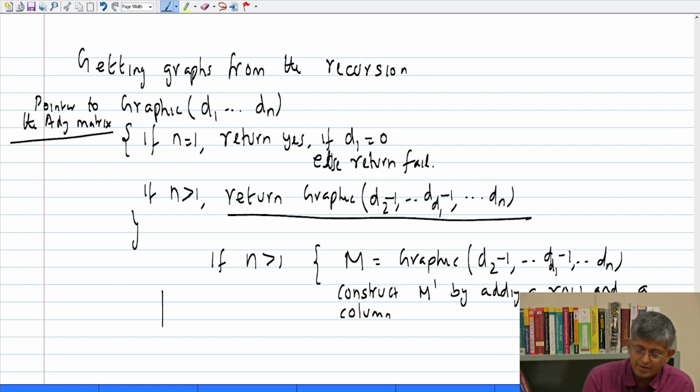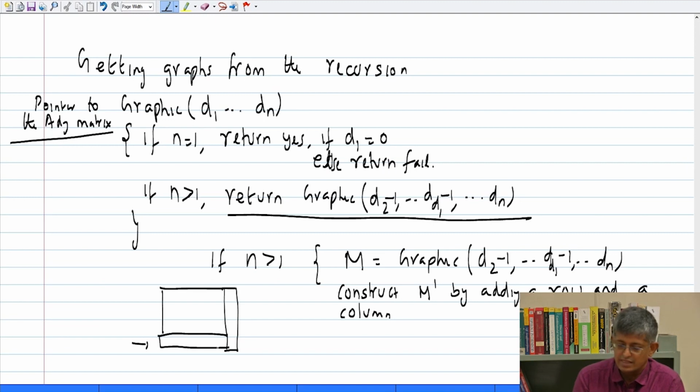Right? So you have M here. So you add a new row for the new vertex, and you add a new column for the new vertex. Now you write the statements where, obviously, you can put a 0 here because there are no self loops, and this vertex will be adjacent to the first d1 vertices. Put a 1 here, put a 1 here, put a 1 here, and keep the matrix symmetric.